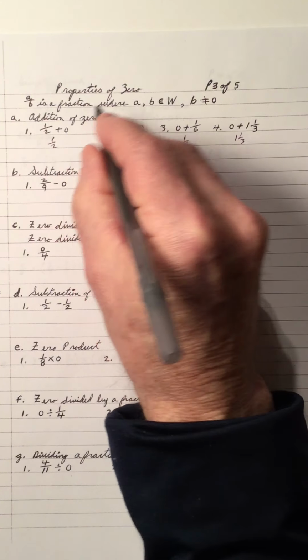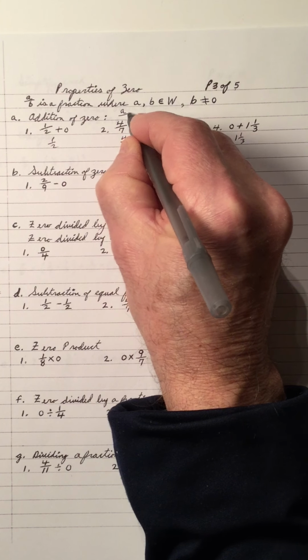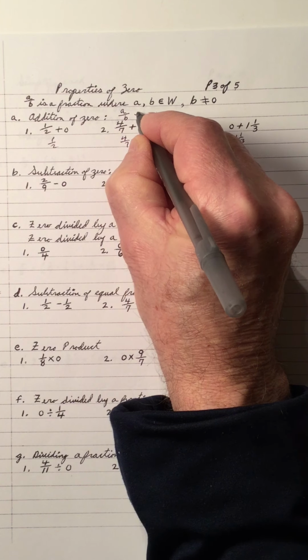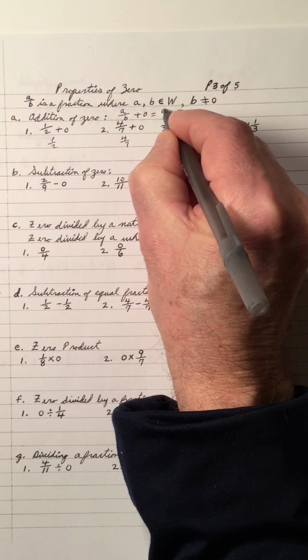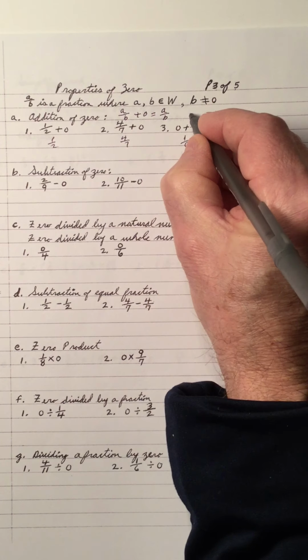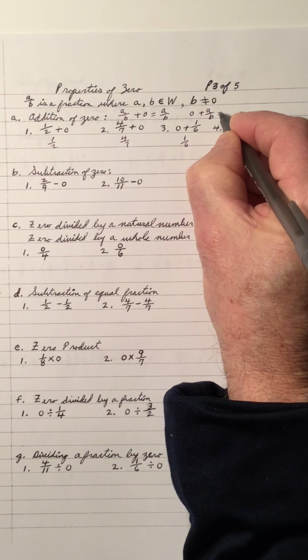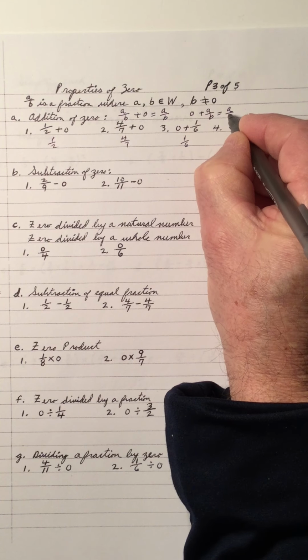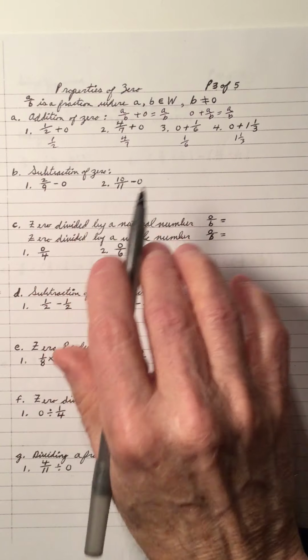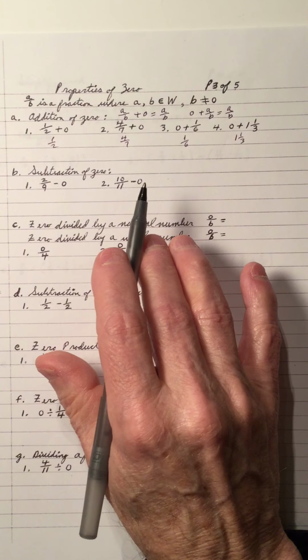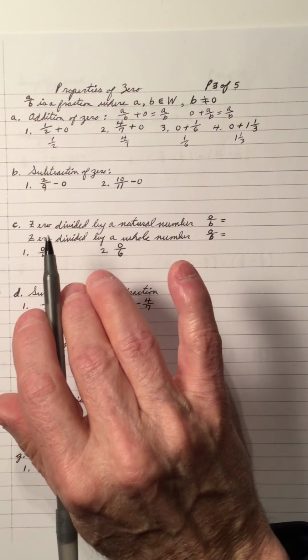So the addition of 0, if a over b is our fraction and we add 0, then we'll get the fraction. Or if we take 0 and add on a over b, then we'll get a over b. That's what 0 is, the identity element in addition. So if we add any number to 0, we'll get that number.